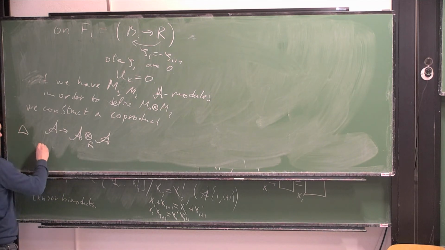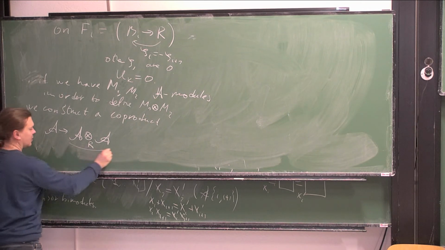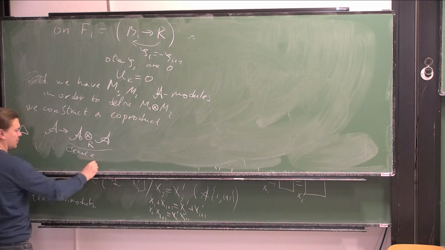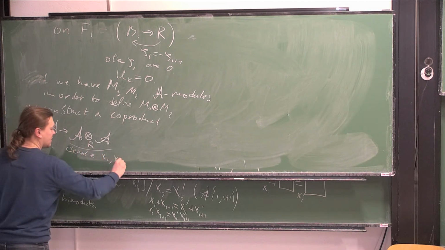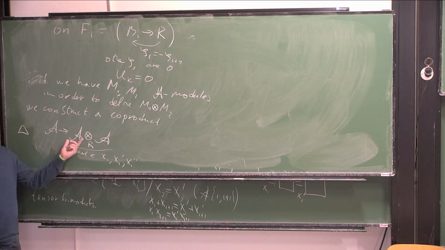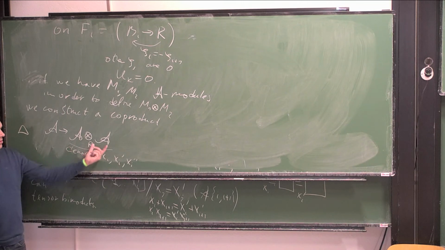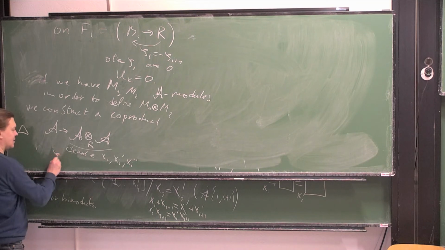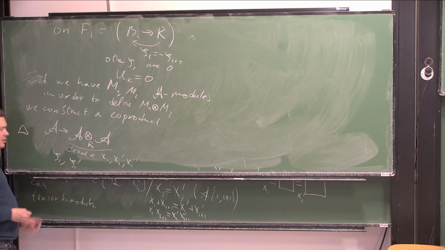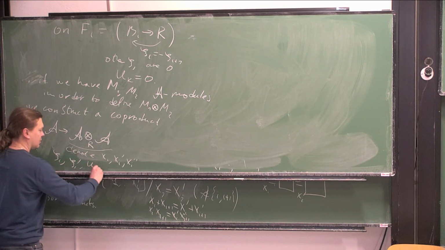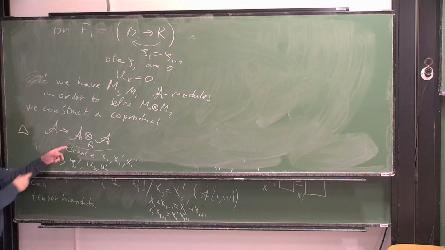So for example, here we denote xi prime and xi double prime, the generators. The generators of A will be xi and xi prime. The generators of this A are xi prime and xi double prime. Then there are xi I and xi prime, and the u's also here and here. And then we write some formula.